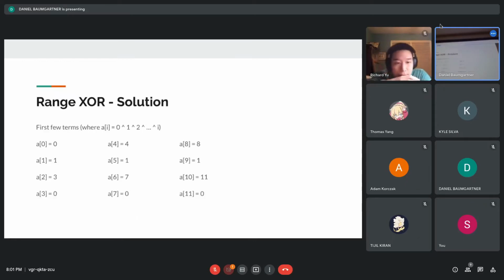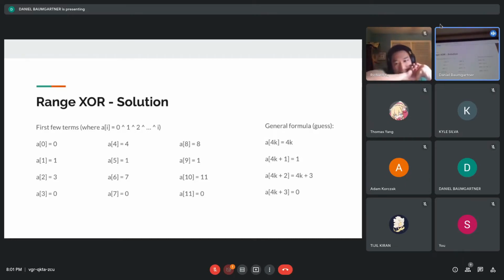So we have the first few terms. Now here is the general formula. In a contest, you could guess it, and then there's the question of whether your guess is correct.